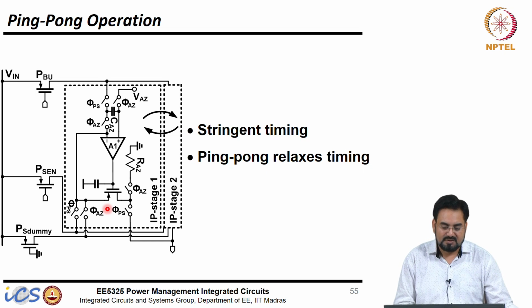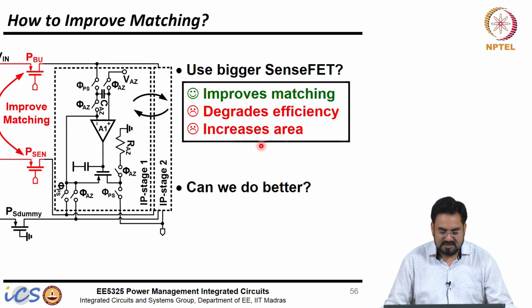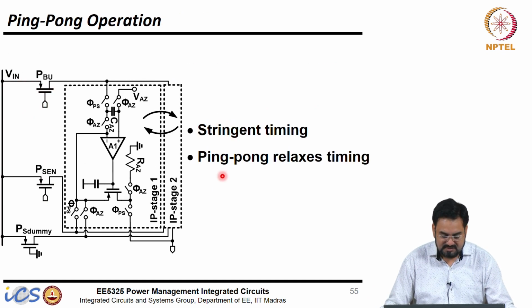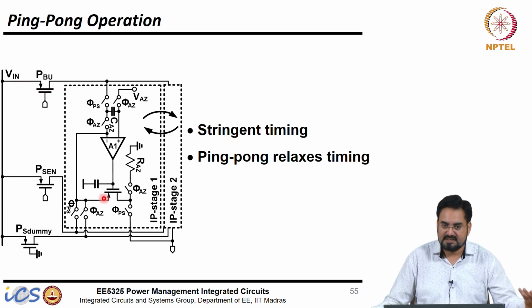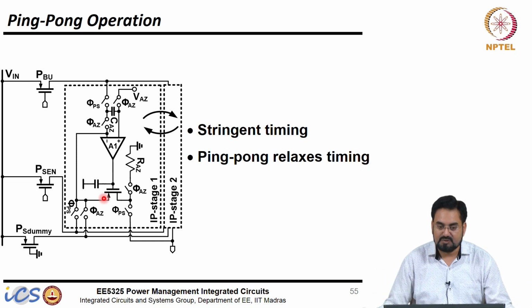In that manner you can continuously monitor the current as well as cancel the offset. So this offset cancellation, as we talked about, improves the matching because we are cancelling the offset, so accuracy will be higher.